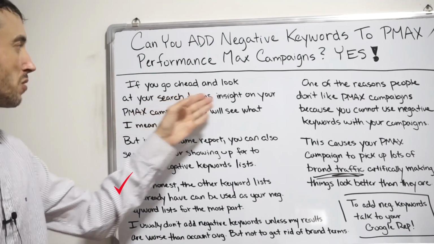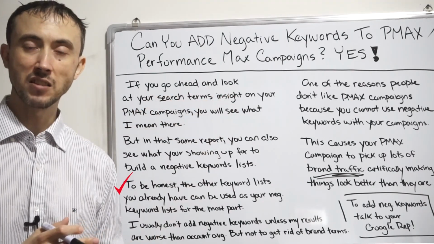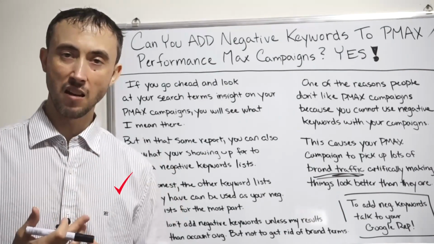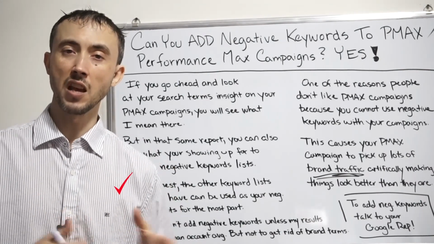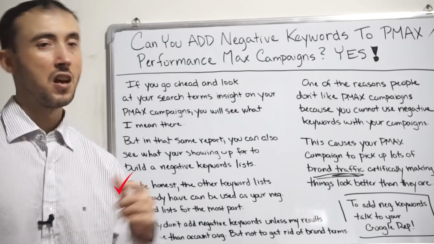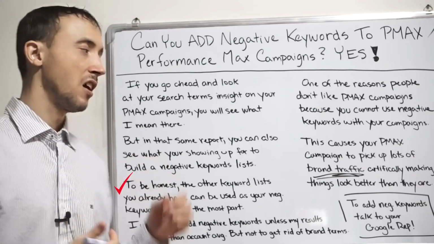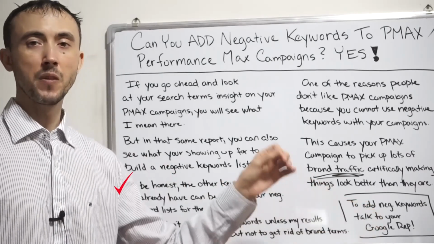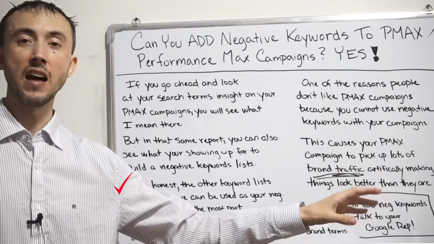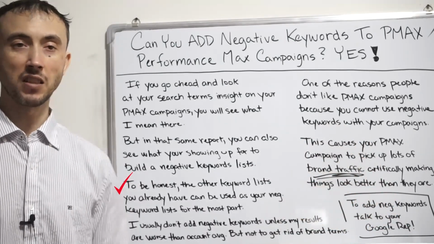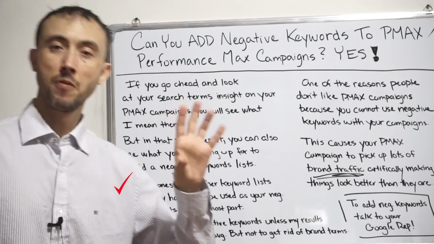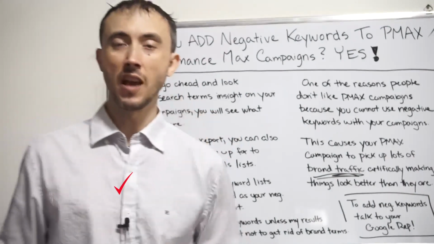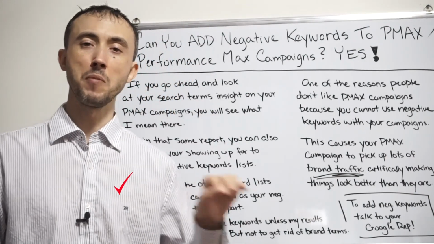Go to the search terms insights within my PMAX campaign, find negative keywords to add in addition to the negative keywords I use in my search campaigns, combine them into one big list, take it to my Google Ads rep, and have them apply that list to the PMAX campaigns. Okay? If I'm going to actually add negative keywords to my PMAX campaign.